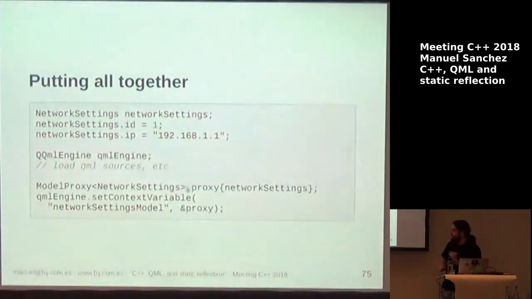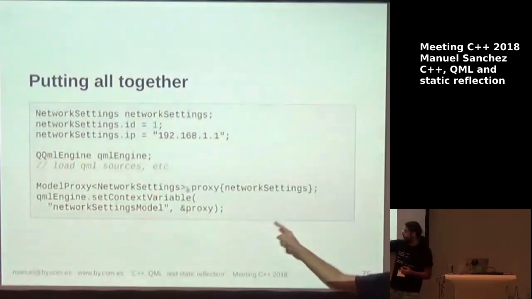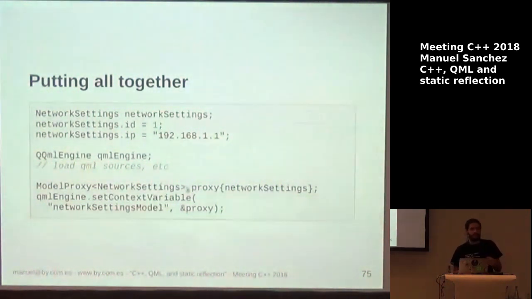The trick is that it uses the QML property map underneath, which that proxy inherits from indirectly through 1, 2, 3 layers. It's really a QML property map, so the Qt framework and QML understand it.